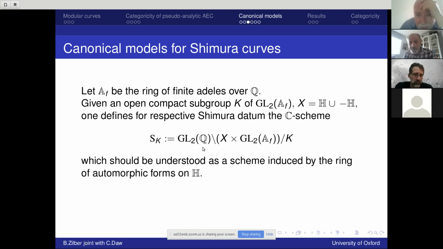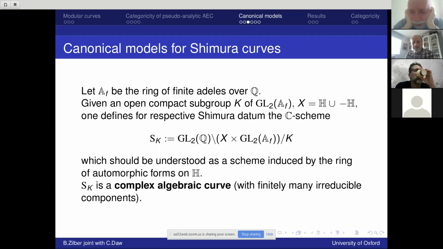In the most general case, it is called a Mumford manifold. But this can be understood as a complex scheme, a C-scheme, and you have automorphic forms on this in a very general setting. But after factoring by this open compact subgroup, this actually becomes a complex algebraic curve.